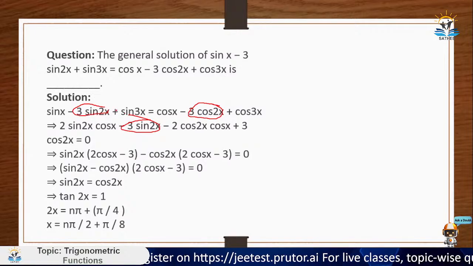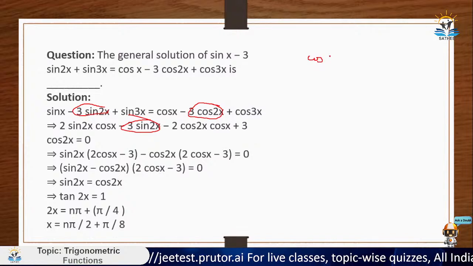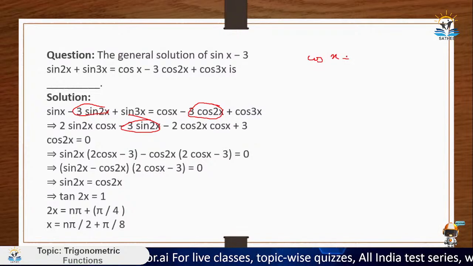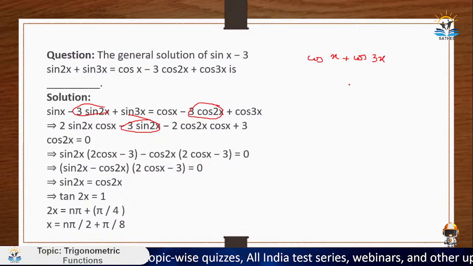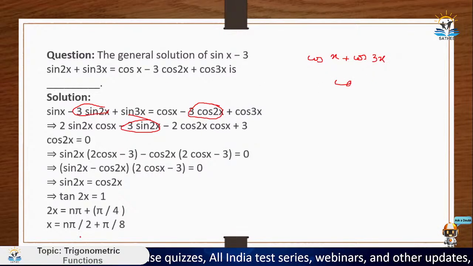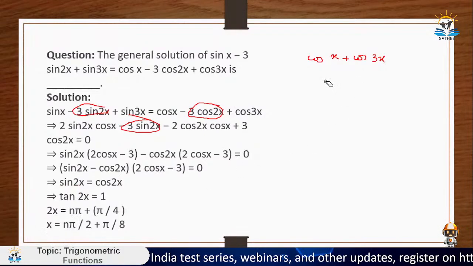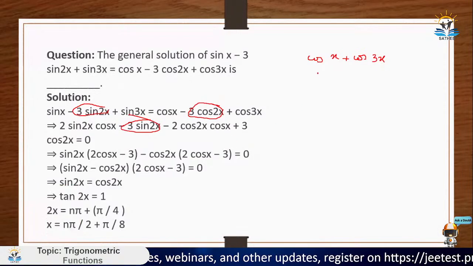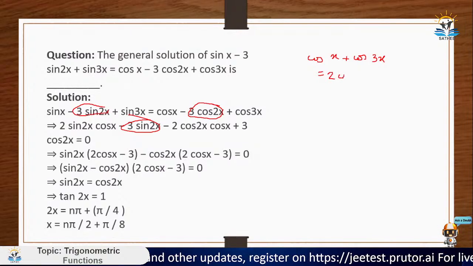Here sin terms are also left. So basically what you are doing, you are taking cos x plus cos 3x. Use the cos c plus cos d formula. Cos c plus cos d is equal to 2 cos (c plus d) by 2.